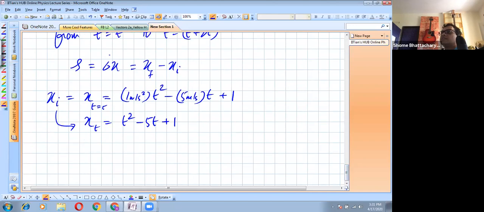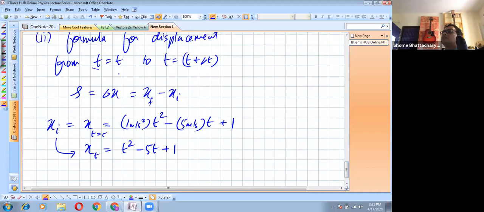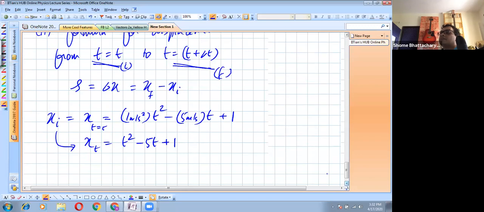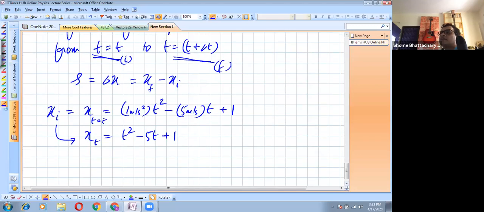Okay. Now similarly, in this interval of time, so what is my interval of time? My interval of time is t to t plus delta t. So that is why this will be counted as the initial time, and this will be counted as the final time. So that is why I have taken my initial as this. So similarly now, what will I take as my final over here? I will take my final as the value of the x coordinate at the time t plus delta t. So that will become what?